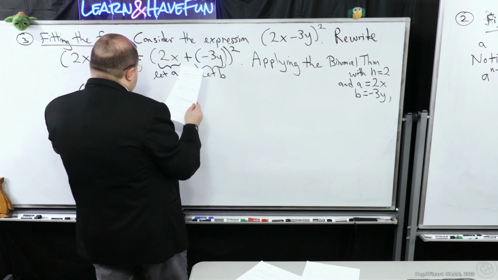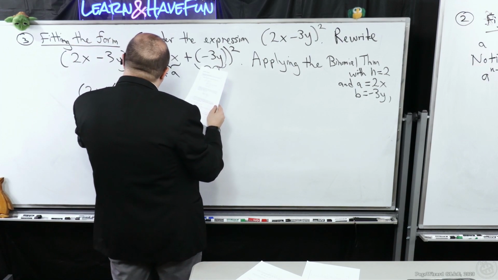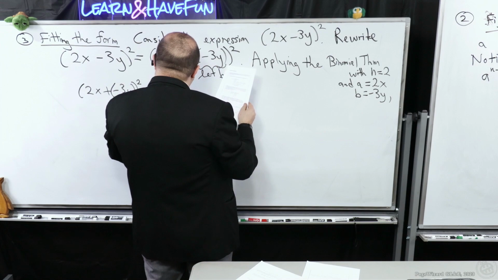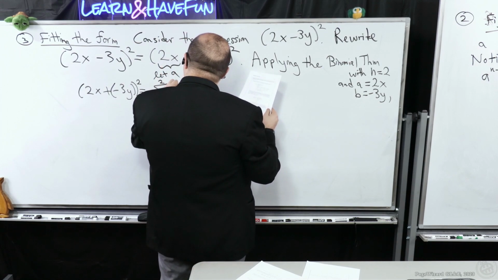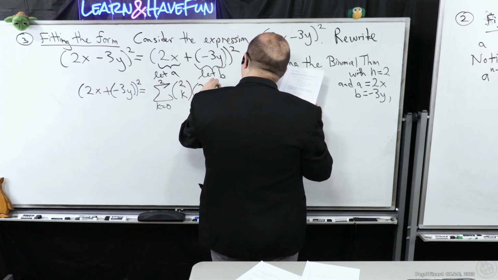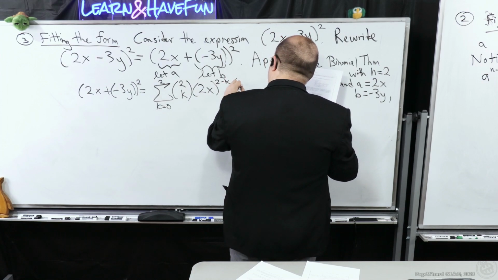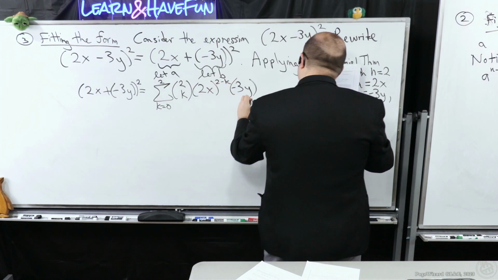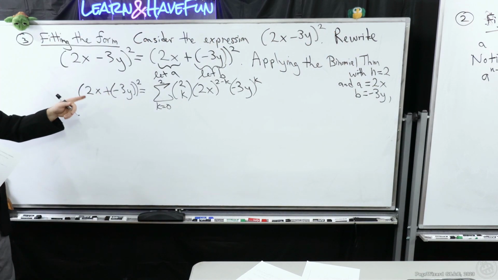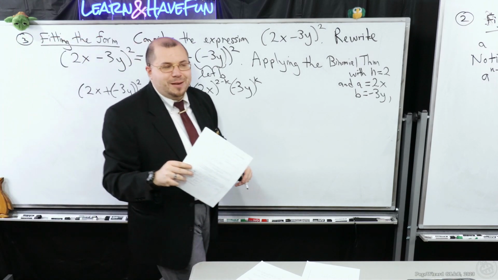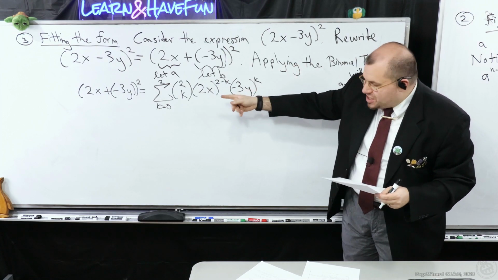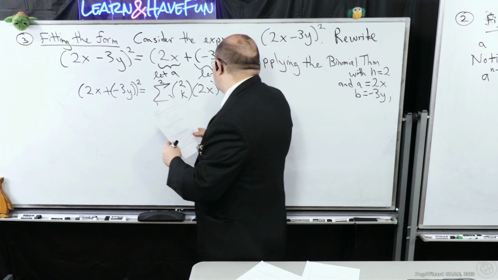2x plus minus 3y squared is equal to the sum from k equals 0 to 2 of 2 choose k times 2x raised to the 2 minus k multiplied by minus 3y to the power of k, right? If you're not convinced that that is the form, just put a and b in and see if it matches up with what you'd expect. Okay. Now, next I'm going to expand this out term by term, varying k.